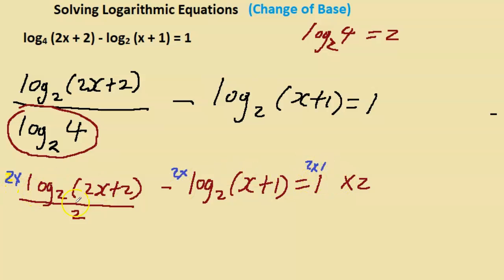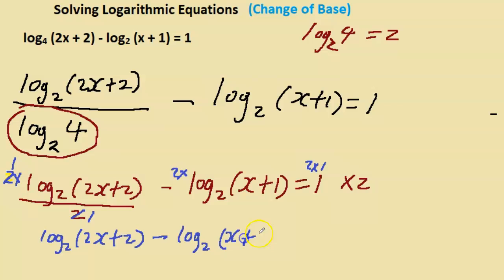So 2 into 2, we're left with just log of 2x plus 2 base 2, minus, no, this 2 times 2. Remember, third law, we can always put this 2 here as a power. So x plus 1 squared, and then 2 times 1, that's 2.